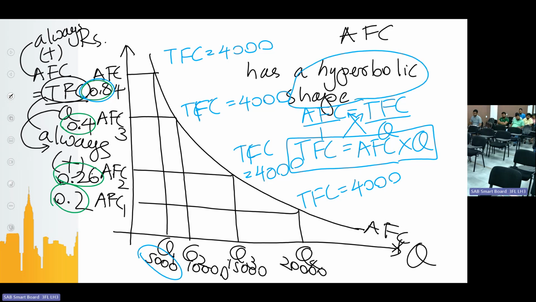The multiplication of the horizontal axis value and the corresponding vertical axis value gives the same answer, which is TFC. That kind of shape is called a hyperbolic shape.